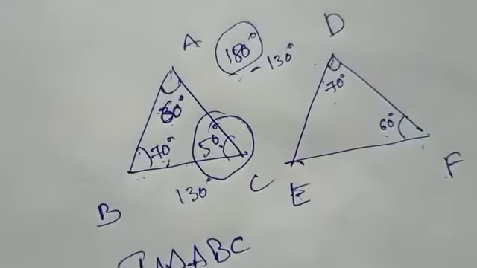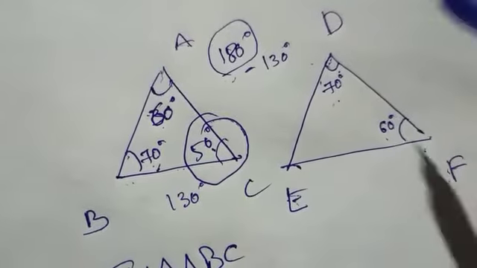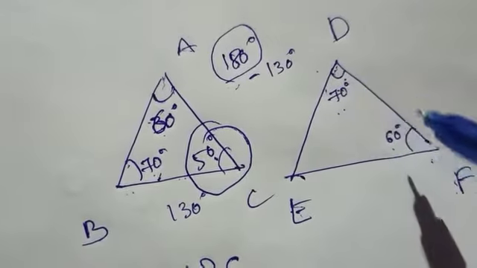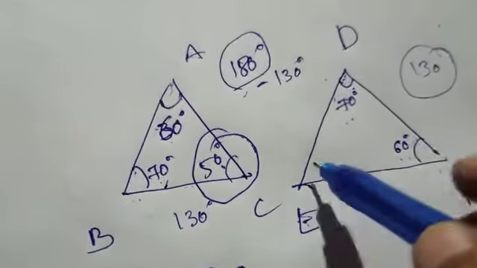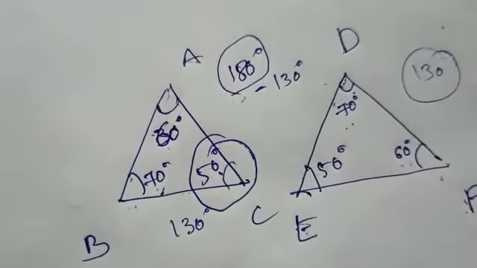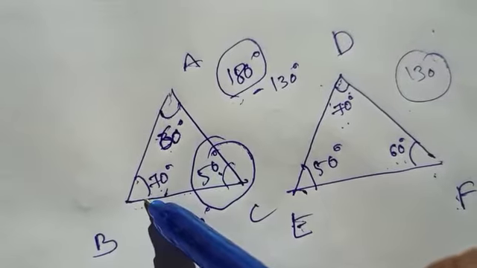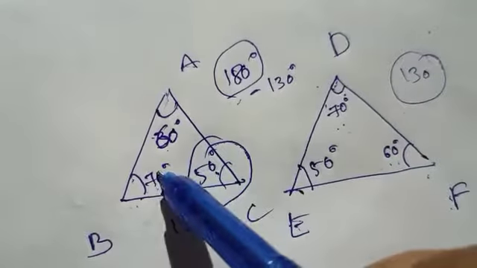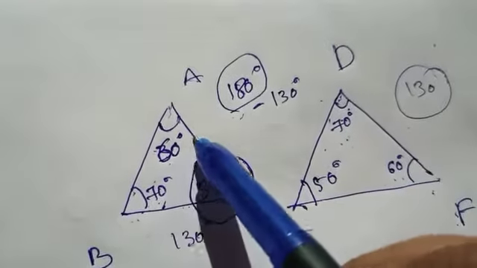Angle D equals 70, angle F equals 60. 70 plus 60 is 130. Angle E equals 180 minus 130, which equals 50 degrees. Here, two angles are given. In these two triangles, the corresponding angles are equal.